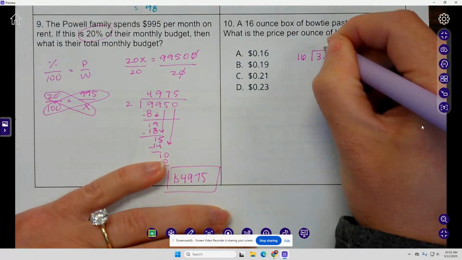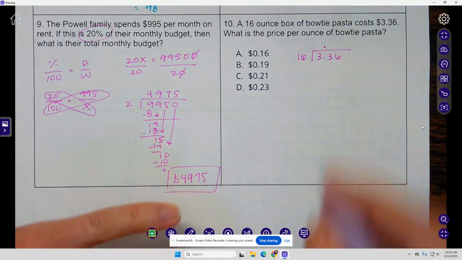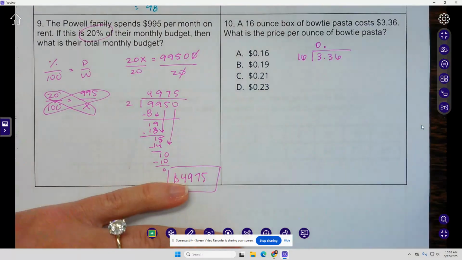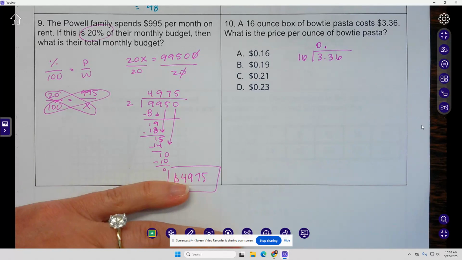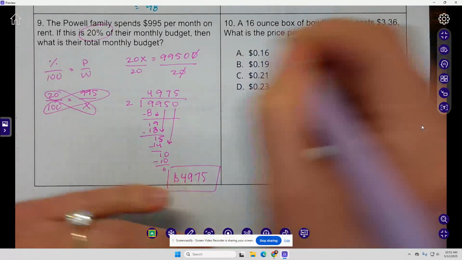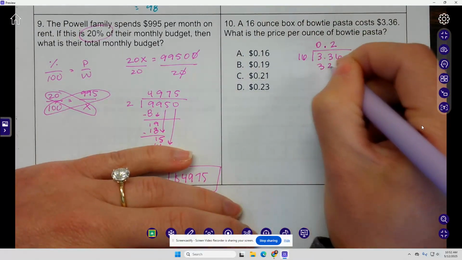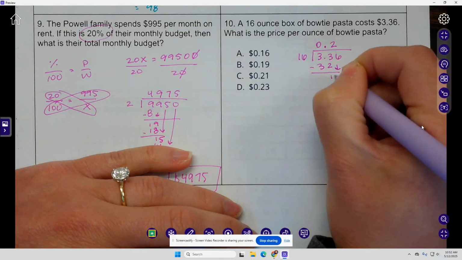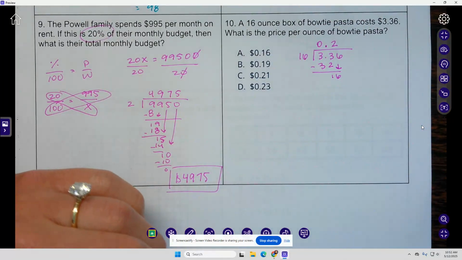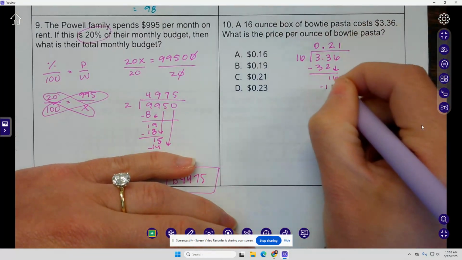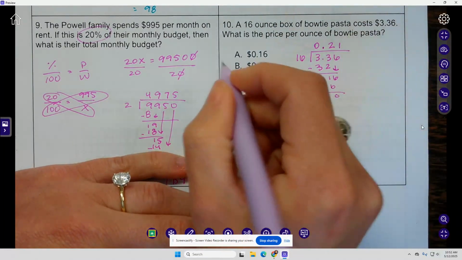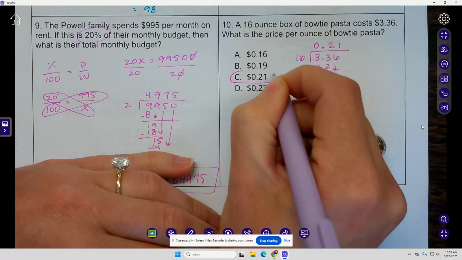So I'm going to bring my decimal up. 16 can go into 3 0 times. 16 can go into 33 2 times. 16 times 2 is 32. So that's what I'm going to subtract. Bring down my 6. 16 can go into 16 1 time. So my answer is 21 cents.